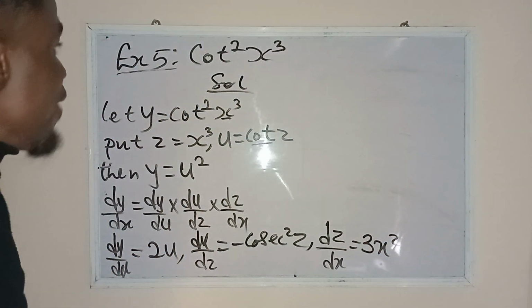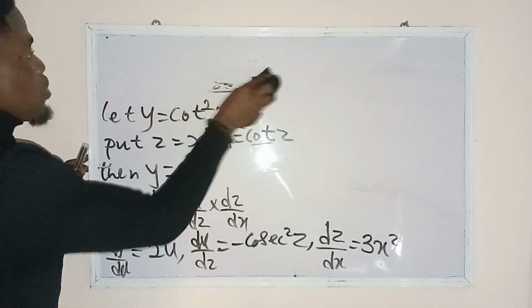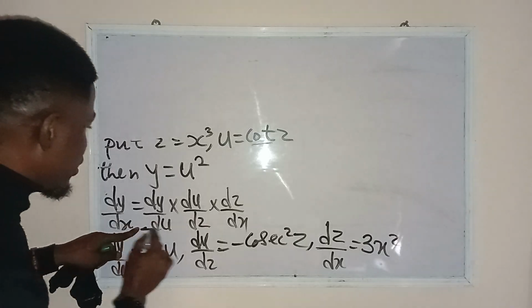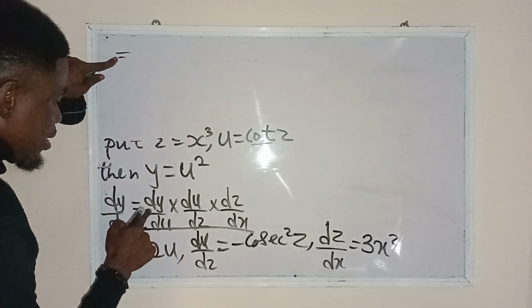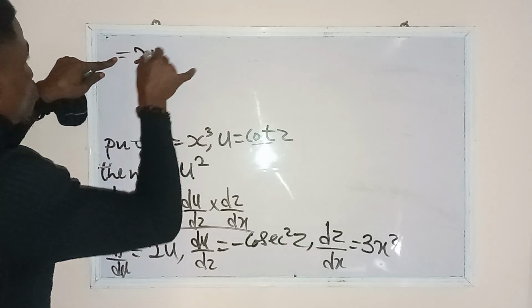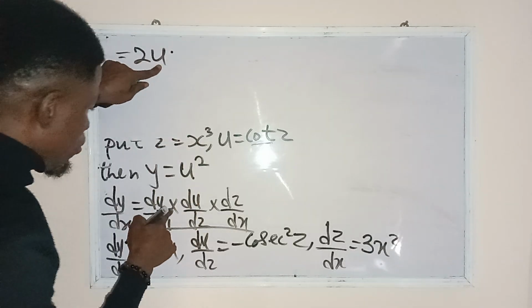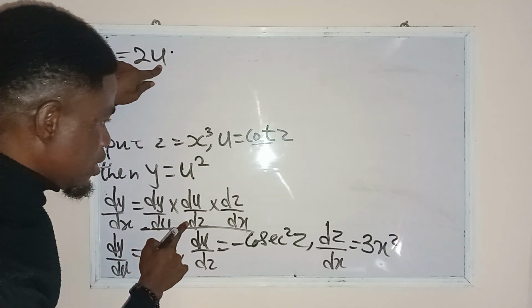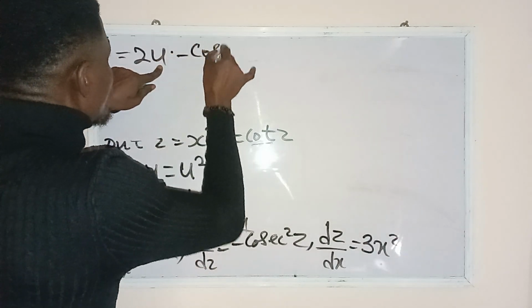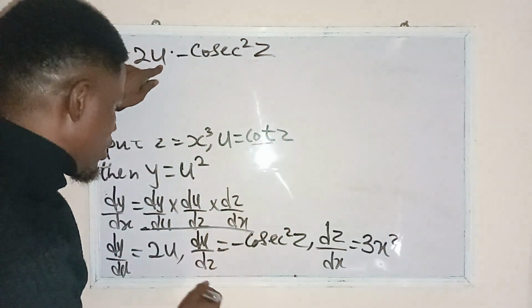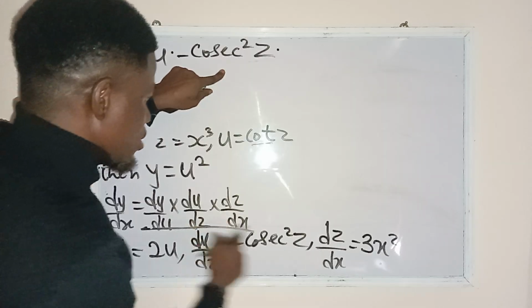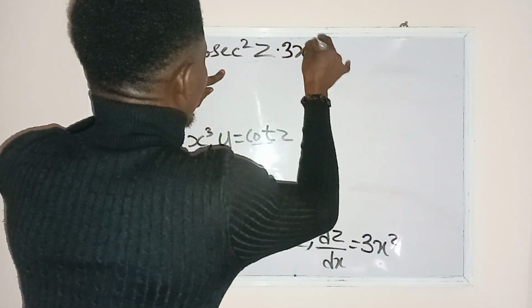Okay, now we want to put everything inside the formula. So what is dy/dx? dy/du is 2u, then times du/dz, which is minus cosec squared z, then times dz/dx, which is 3x squared.